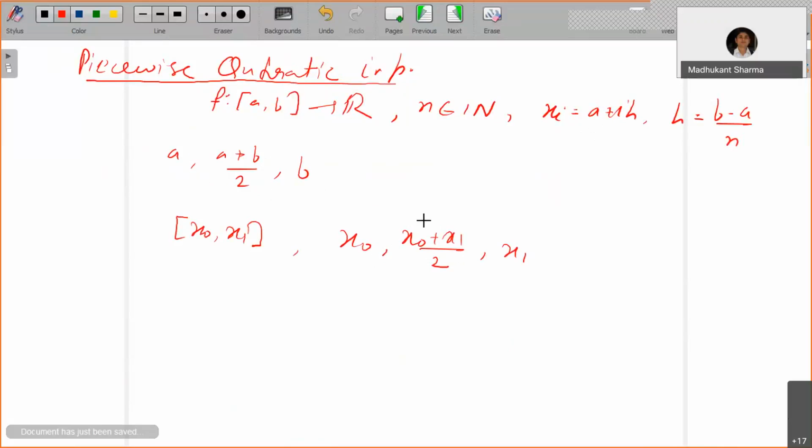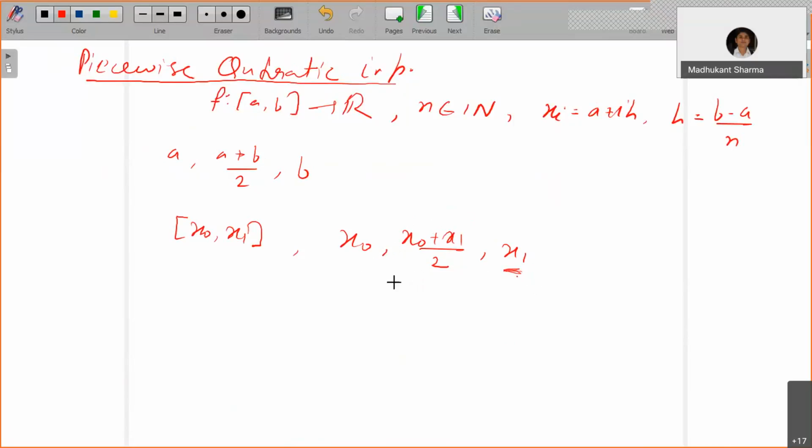We don't need to have (x0 plus x1) by 2 as the interpolation point at the end, because we are ending here, so we join another polynomial at this end, x1. However, when you go with data, since these values are not available, you can take the first three, then the next, and so on, in a continuity manner. So theoretically, this is it.